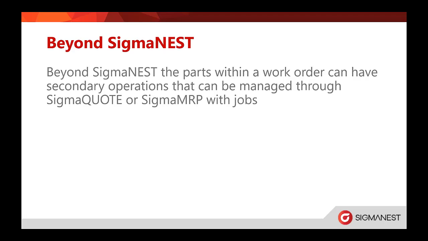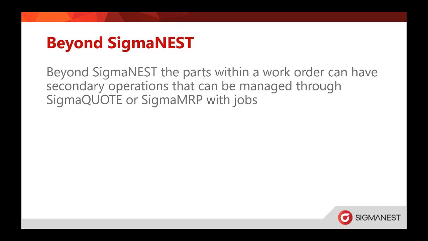Beyond SigmaNEST, so after the parts have been cut, the parts within a work order can have a secondary operation that can be managed either through SigmaQuote or SigmaMRP with jobs. So within SigmaNEST, a work order is going to be the time in which the programmer needs to actually have the program done in time for any possible secondary operations.